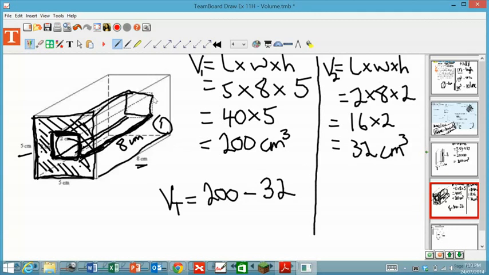This area that's cut out has a volume of 32 cubic centimeters. So I need to subtract that from my entire big box, and that gives me 168 cubic centimeters. Okay, that easy. It is fairly easy, really.